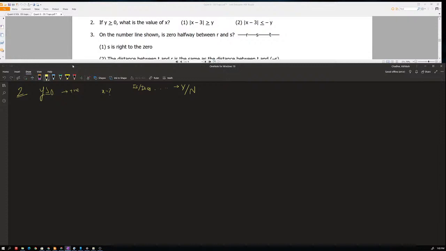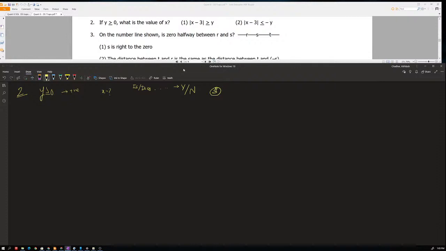If it is a yes for all values or a no for all values, you get a sufficient answer. And if you get yes and no for a single option, one or two, then you mark it as not sufficient, and you mark A, B, C, or D based on that.